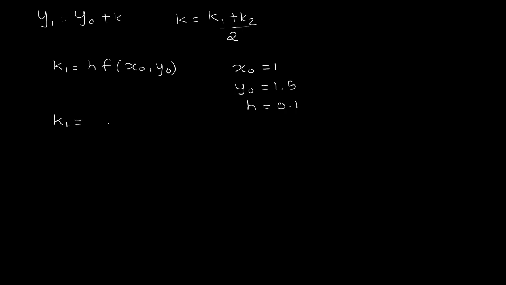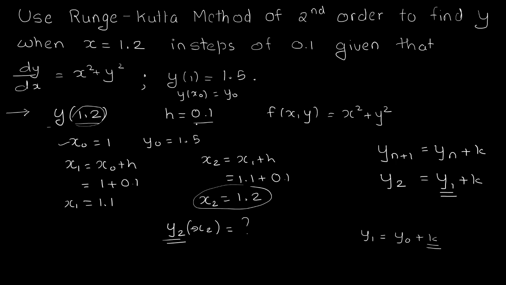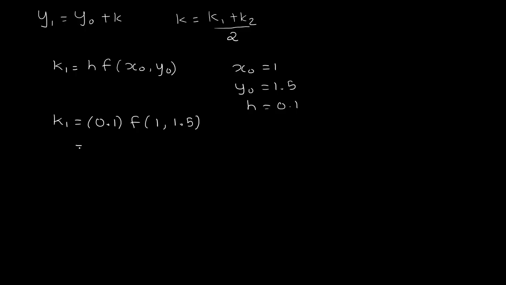So I have k1 equal to 0.1 into f of 1 comma 1.5. And f of x comma y here is x square plus y square. So it will be 0.1 into 1 square plus 1.5 whole square. When you solve this, the answer comes to 0.325. This becomes my k1.